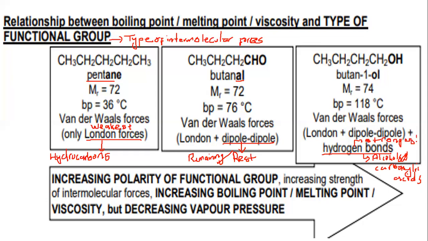And dipole-dipole forces have a strength that is greater than London forces, but they are weaker than hydrogen bonds. So we basically say they have medium strength as compared to the London forces and the hydrogen bonds.